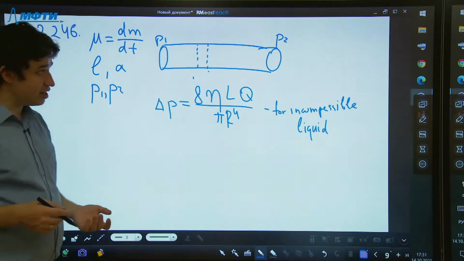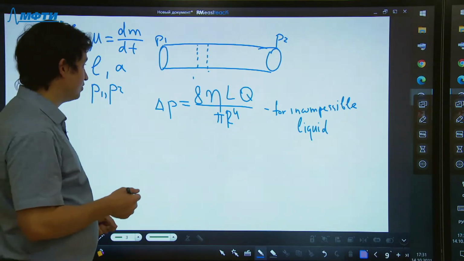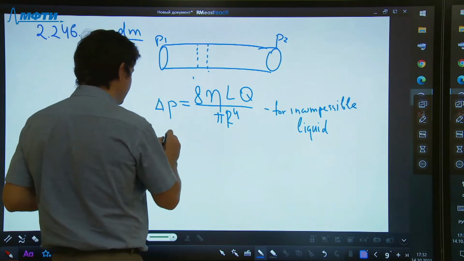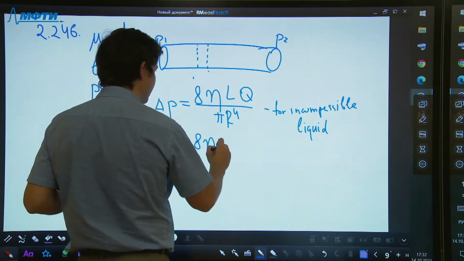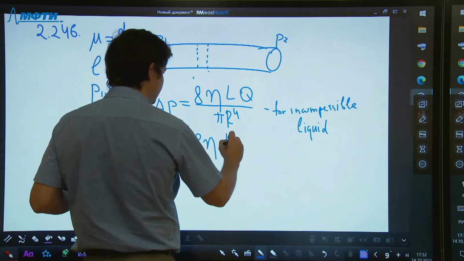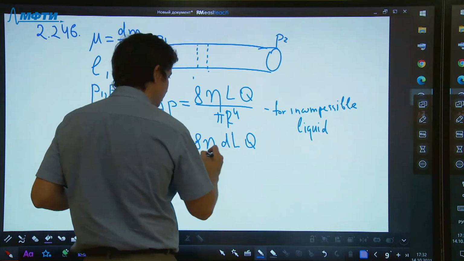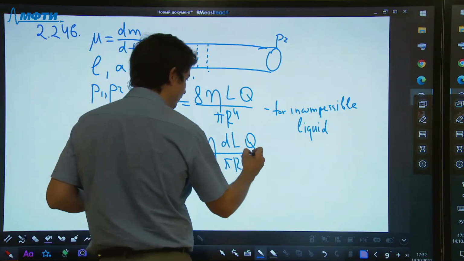So in this case, I can apply this Poiseuille equation, but instead of delta P and L, I would have dP equal to 8 eta dL times Q over pi R to the 4.